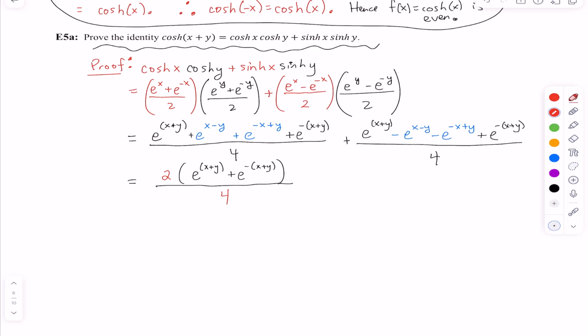But what's 2 over 4? That's just another name for 1/2. And the magic is now revealing. This final expression is just another name for the hyperbolic cosine of x plus y.